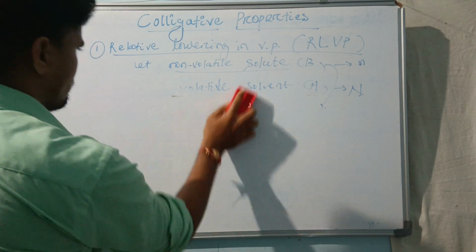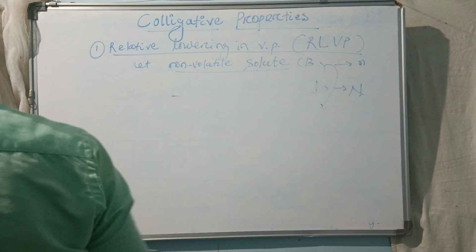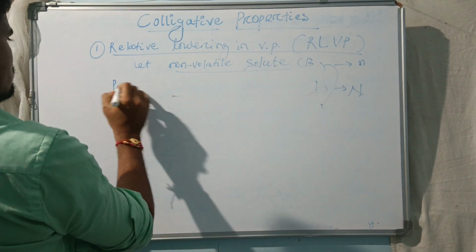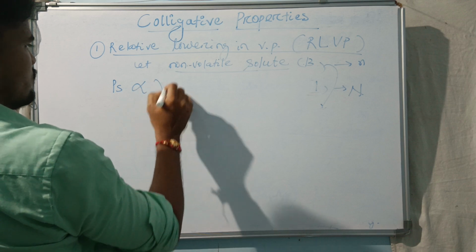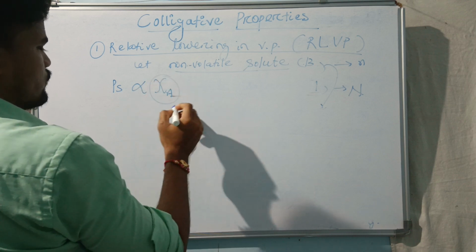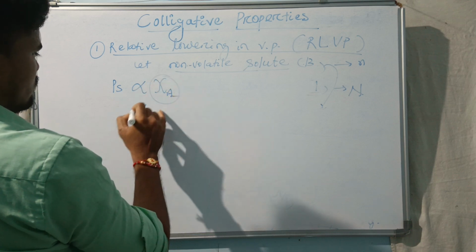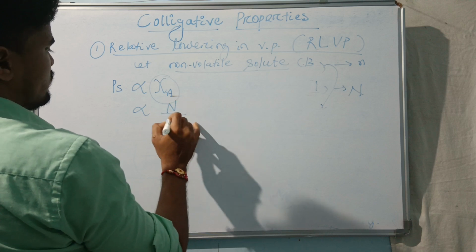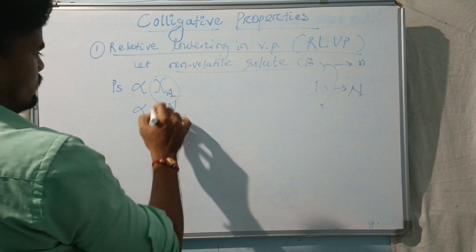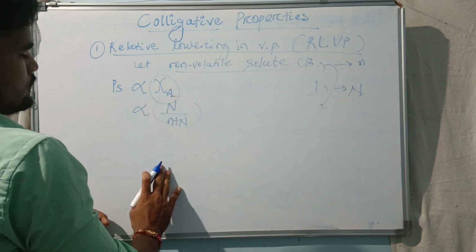Now PS is directly proportional to chi A. So chi A is what we get, n upon n plus small n, right?